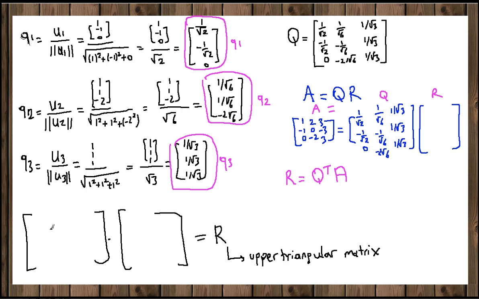So let's write down Q transpose. The first column will be the first row. 1 over square root of 2, 1 over square root of 2, 0. 1 over radical 6, 1 over radical 6, and negative 2 over radical 6. And the third column will be the third row. 1 over root 3, 1 over root 3, 1 over root 3, multiplied by matrix A.